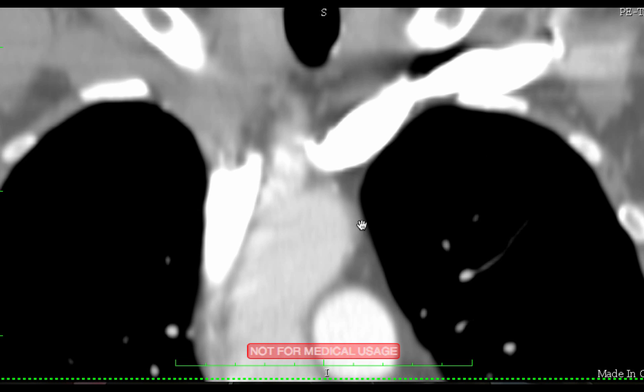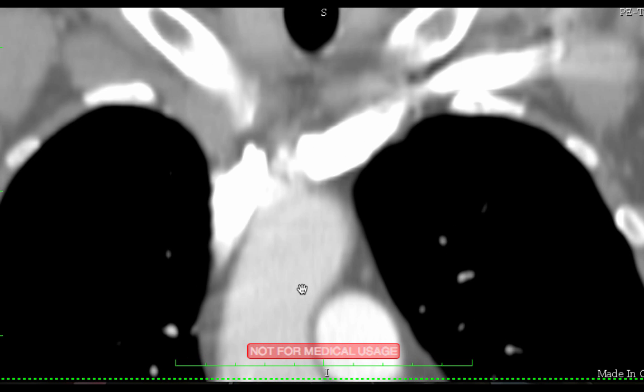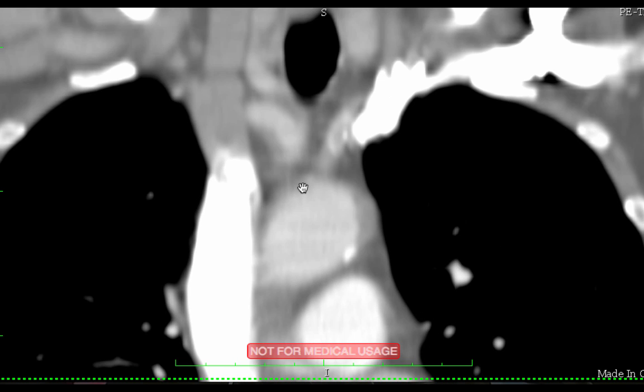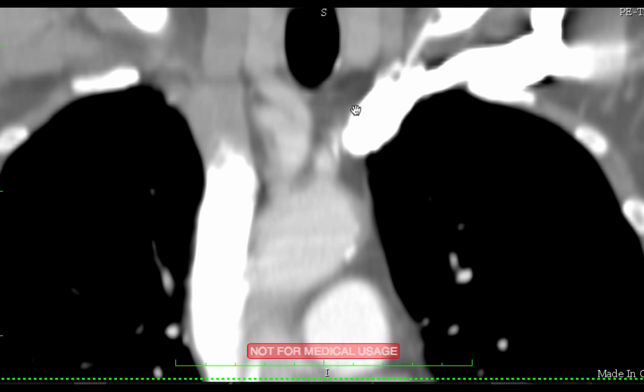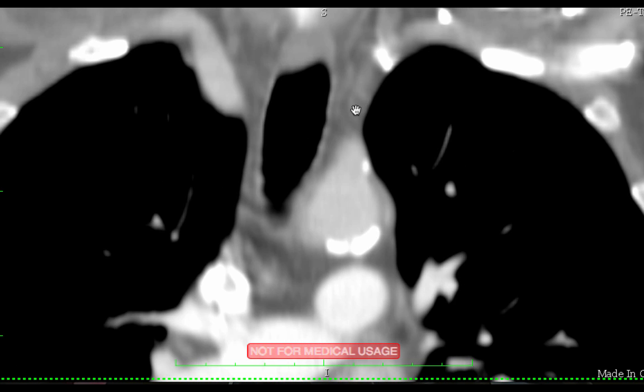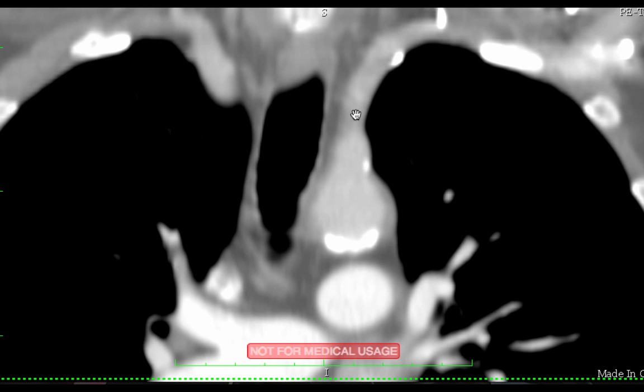And the first thing you see coming off the aortic arch, you go up the ascending aorta, and you have the innominate, or the brachiocephalic artery, giving rise to the right subclavian and the right common carotid, and then the left common carotid artery comes off the aortic arch next. And then if you go a little farther, you'll see a subclavian artery that comes off the aortic arch.